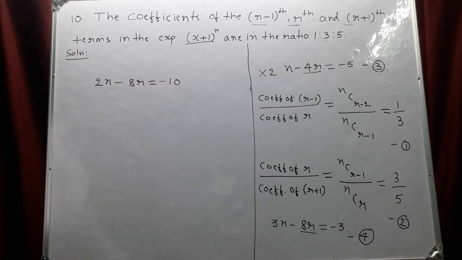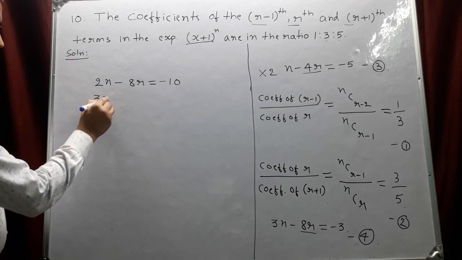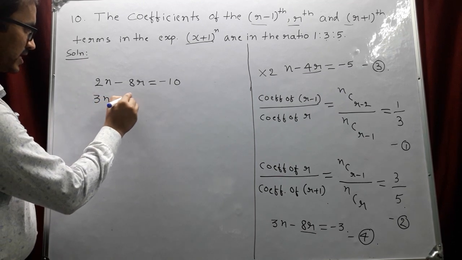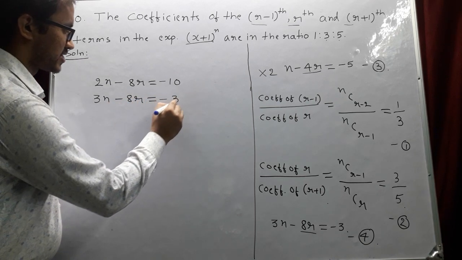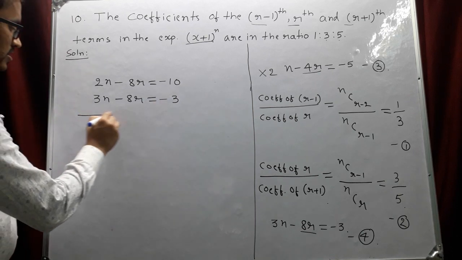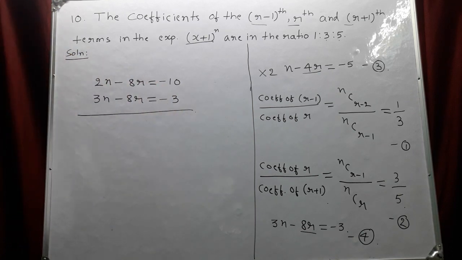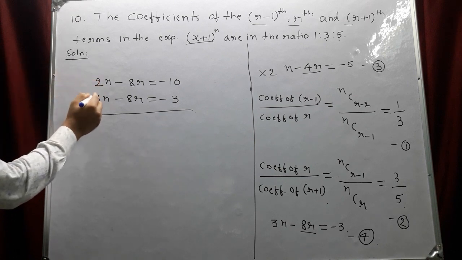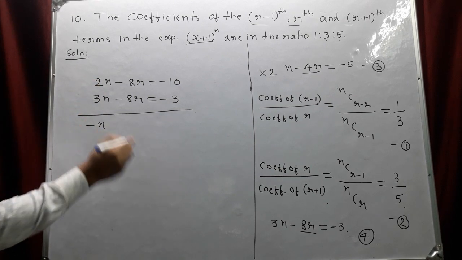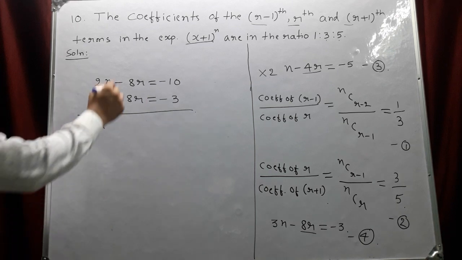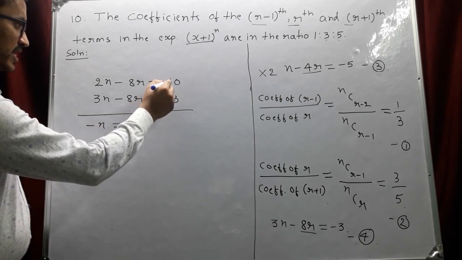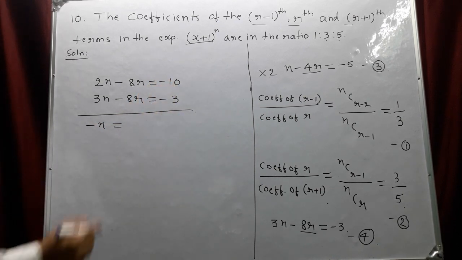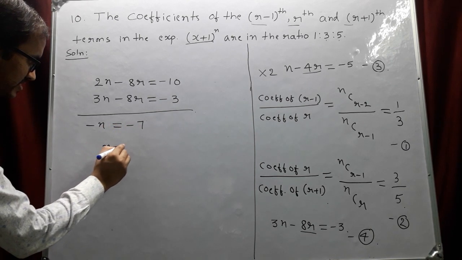So fourth equation, what we have? 3n minus 8r is equals to minus 3. Now subtracting one from another, so what will we get? 2n minus 3n, so that is minus n. So minus 8r plus 8r will get cancelled. Minus 10 plus 3, that is minus 7. So n value becomes 7.